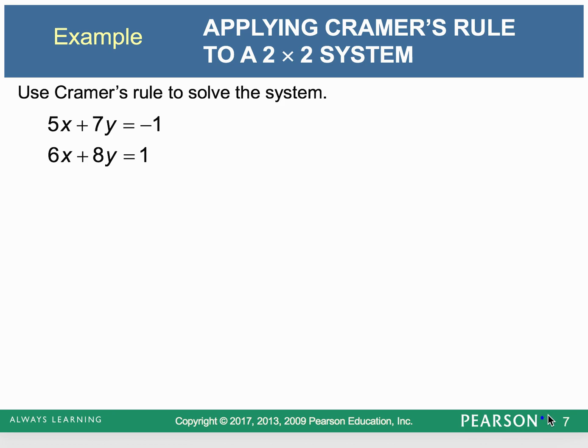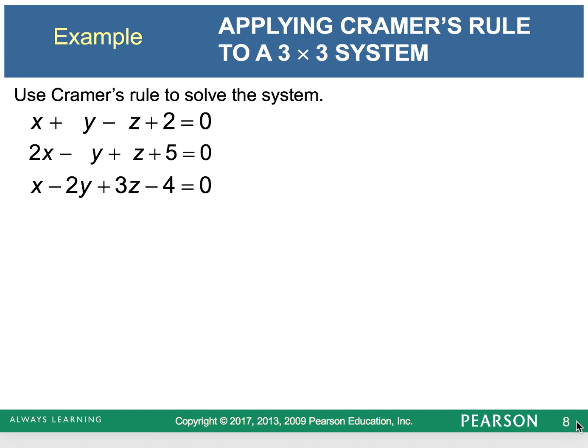Let's do it for 3 variables. I just got to be careful with my work, right? So I'm going to do D. D means I'm going to make a matrix using, oh, look, I need those moved over first, right?